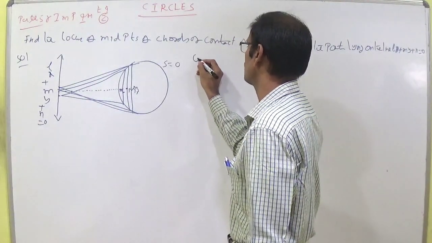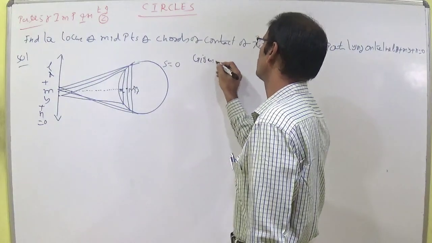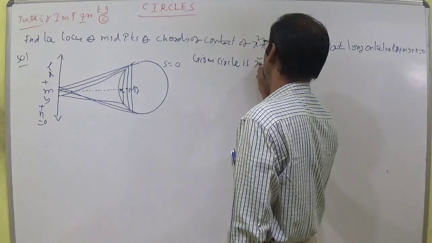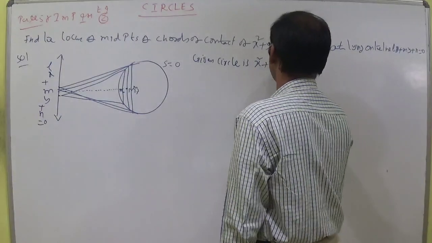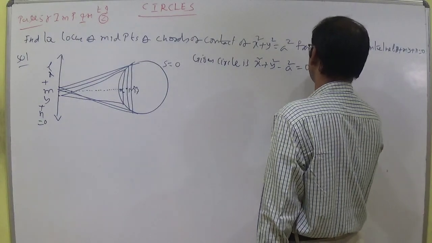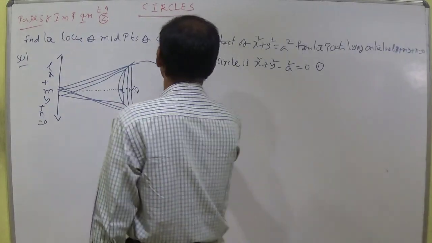Now the given circle is x square plus y square minus a square equal to 0. Let it be the first equation.